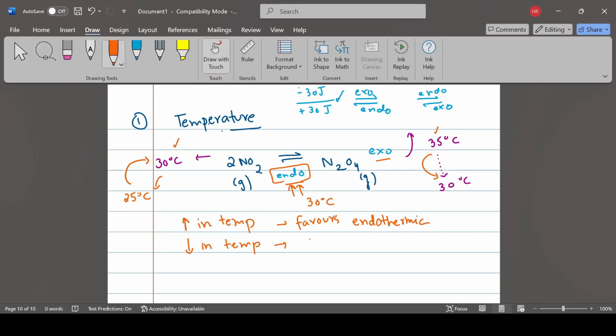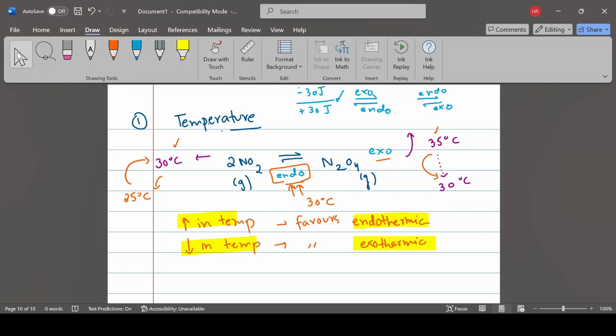So the rule of thumb here is that when there's a decrease in temperature, it favors an exothermic reaction. Right, so these are two things that you should memorize. An increase in temperature favors the endothermic reaction, and a decrease in temperature favors the exothermic reaction.